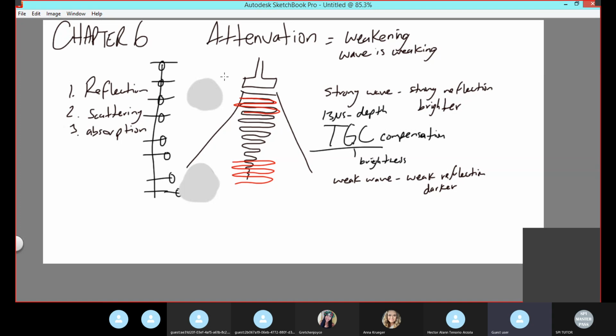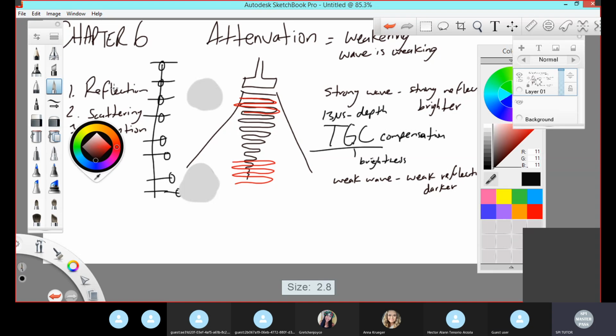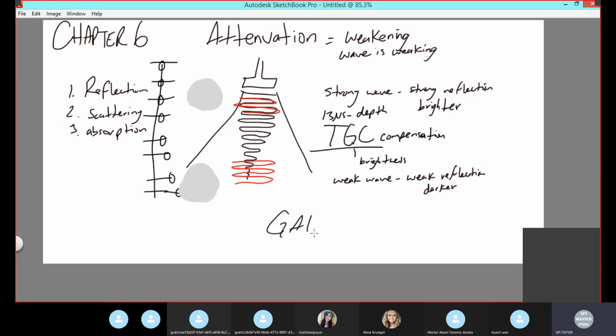Yep, because you're changing the brightness level at different depths, and that's the time. Okay. So you can change it at a very specific place, or several places. Some you don't have to touch. So it's very, very specific. Which is very different than your gain.